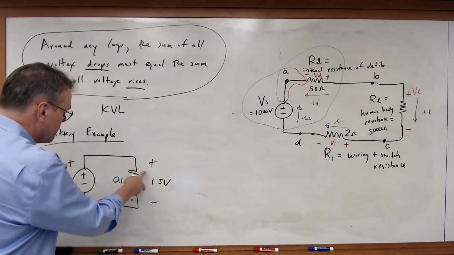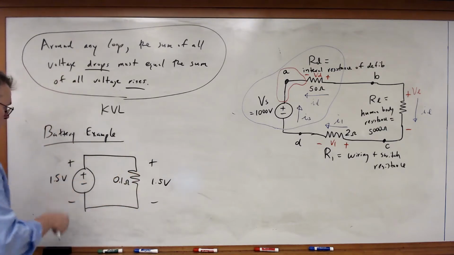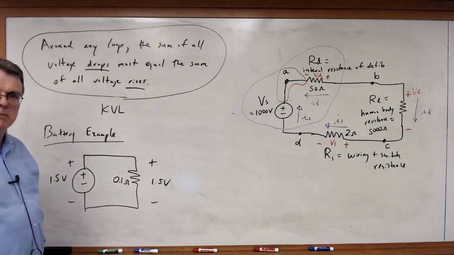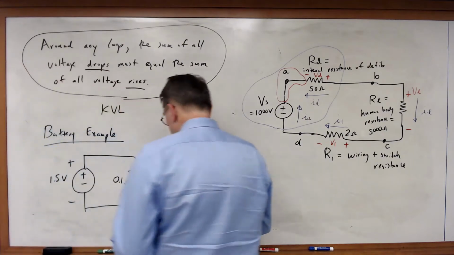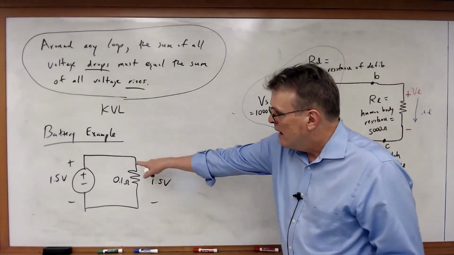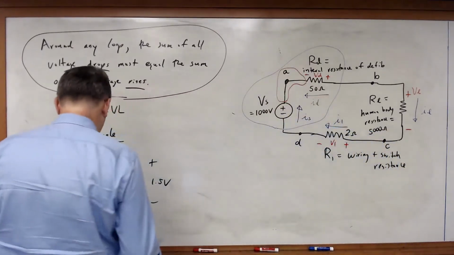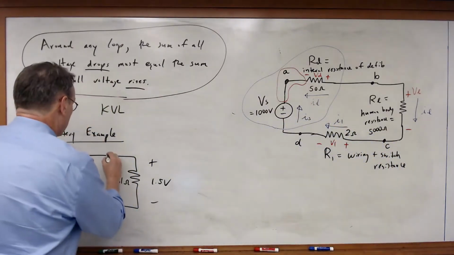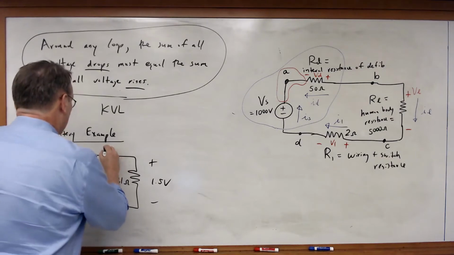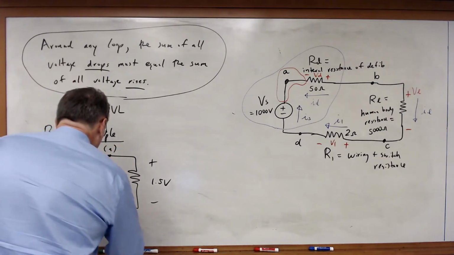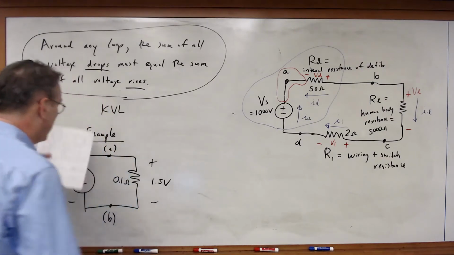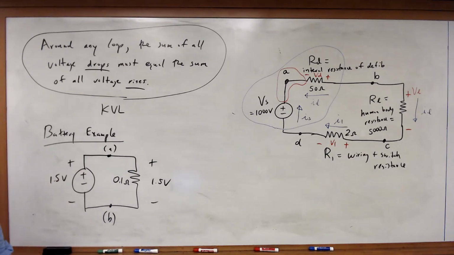And so I've got the same voltage across the resistor as I do across the voltage source. Okay, but if you look at this, obviously, this is a circuit with two nodes. Let's label those A and B.